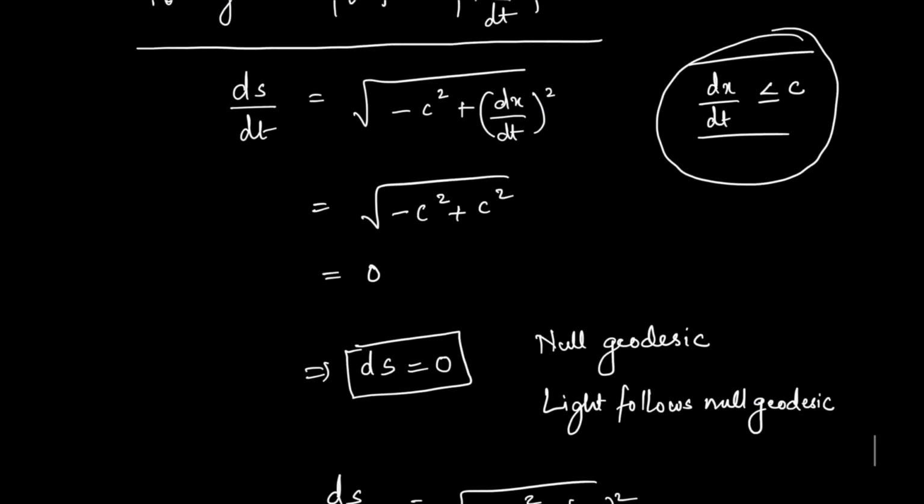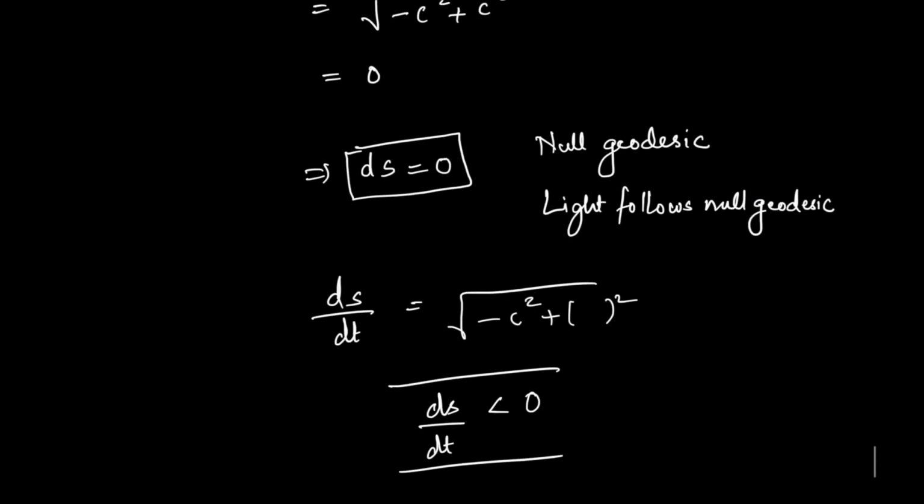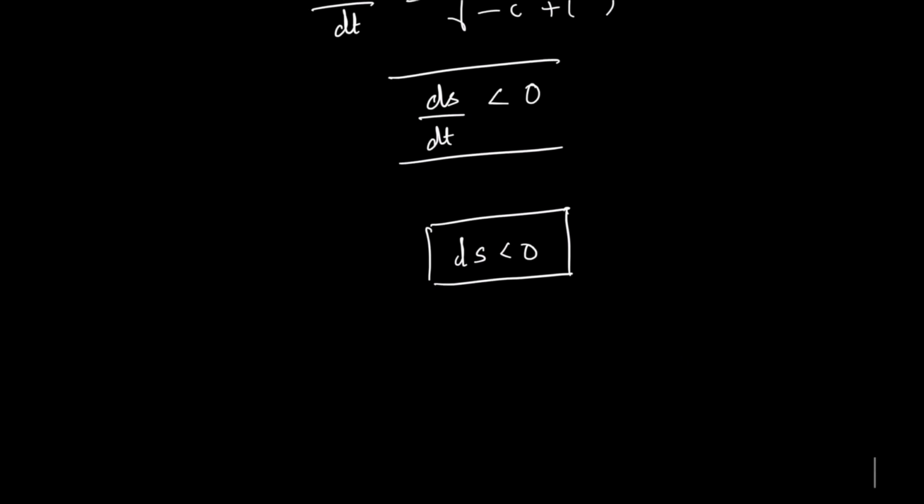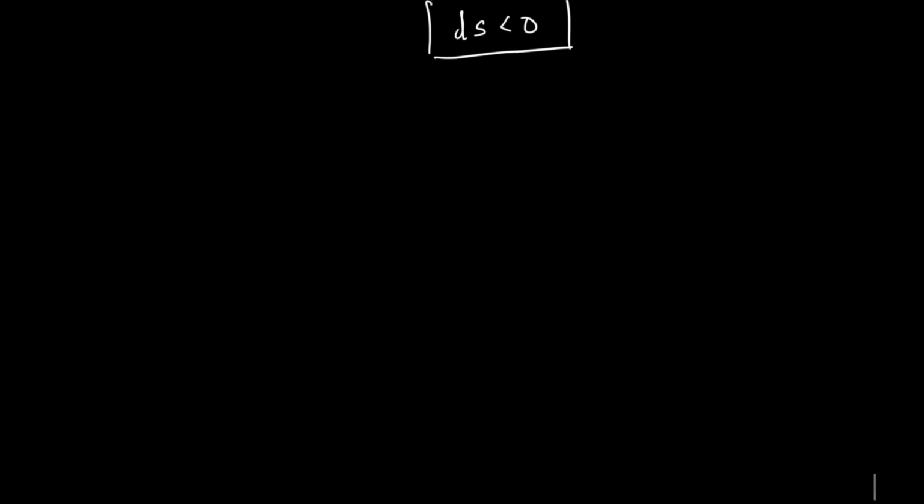So if it is light, then ds is equal to 0. Otherwise, ds less than 0. Therefore, I can conclude that a real signal starting from a point P can proceed only in time-like direction or in the direction of a null geodesic. Only these two are possible.